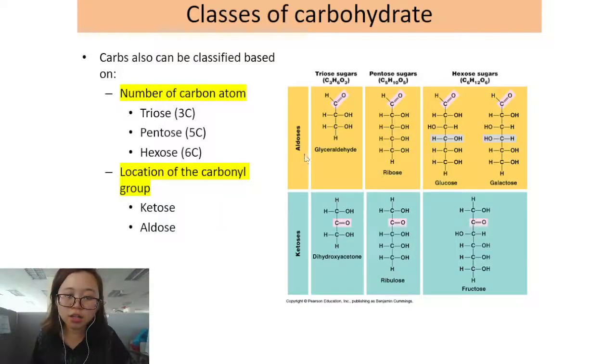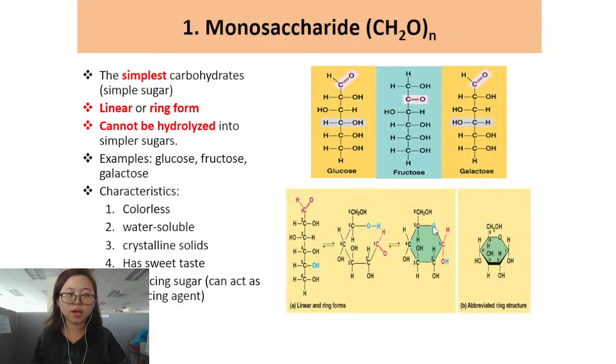If it is an aldose, then the carbonyl group will be at the ends or the terminals of the chain. So ini dia di hujung, hujung, hujung, hujung. Ini dia punya carbonyl di tengah, tengah, tengah. Okay. We usually like to classify based on whether or not they are monosaccharides, disaccharides, or polysaccharides. Ini adalah jenis classification yang kita lebih gemar gunakan.